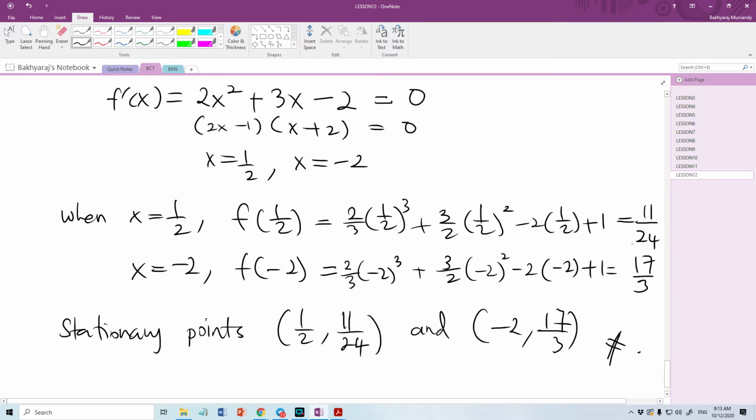Okay, once you get this, now the second part will be minimum or maximum, or point of inflection.